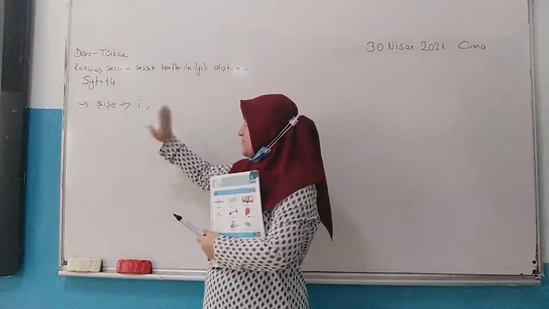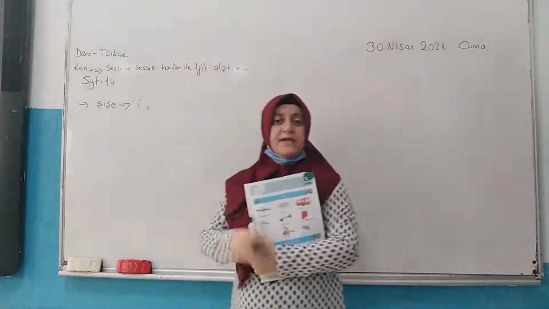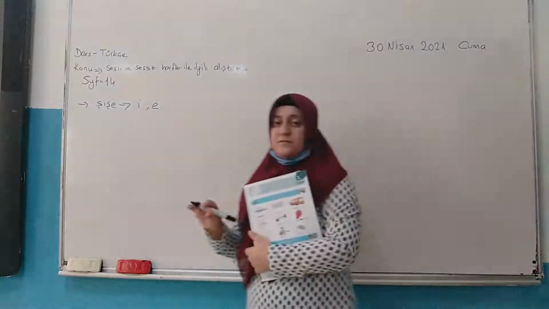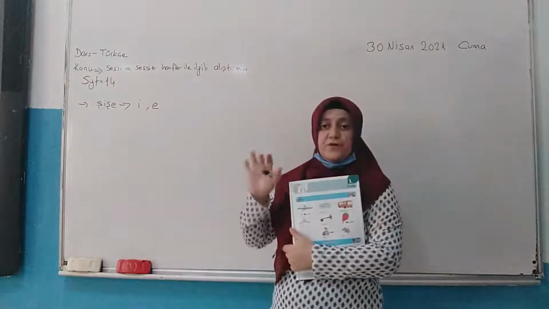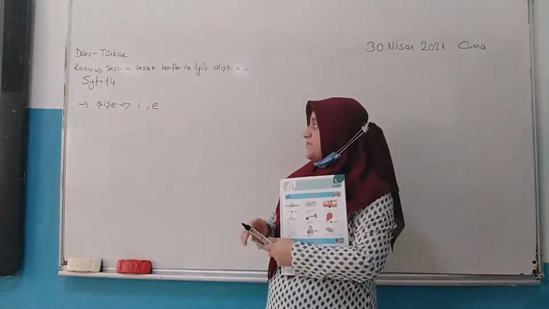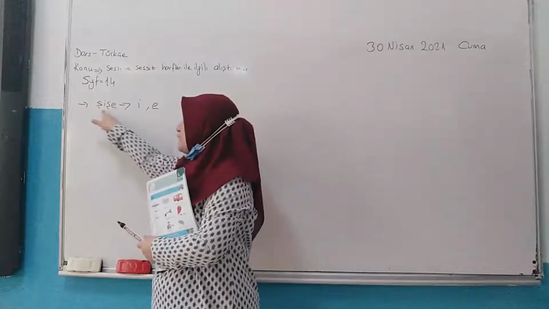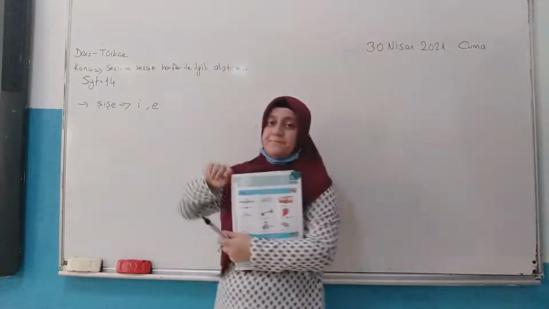So we don't write it here. What else? E. E is a vowel. So we need to write. By looking at the nature of the word, we have found out vowel sound inside of the word. Okay, we have E, we have E.